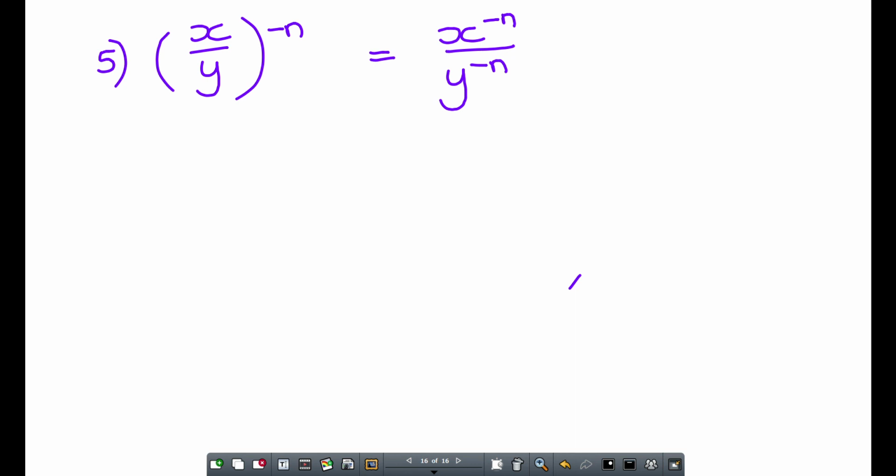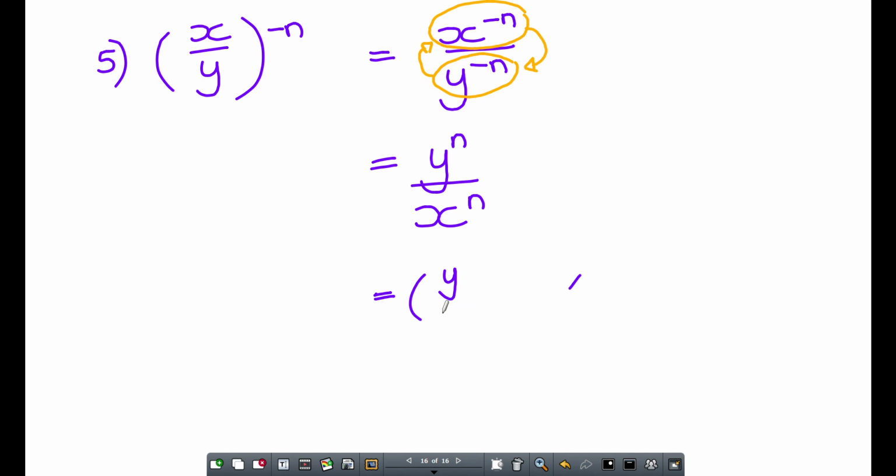So what's going to happen? Basically, that one is going to move to the bottom, and this one is going to move to the top. So they're just switching places. So it's going to become y to the power of n over x to the power of n. Now that is the same as y over x to the power of positive n.